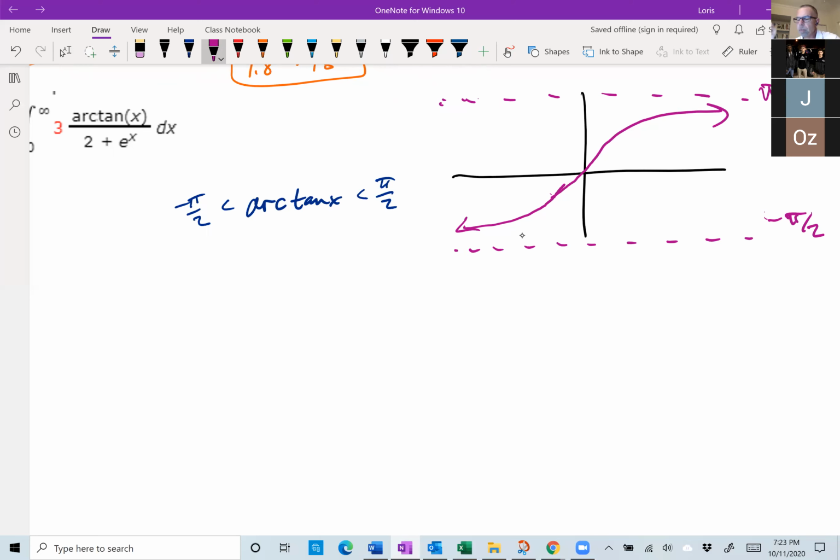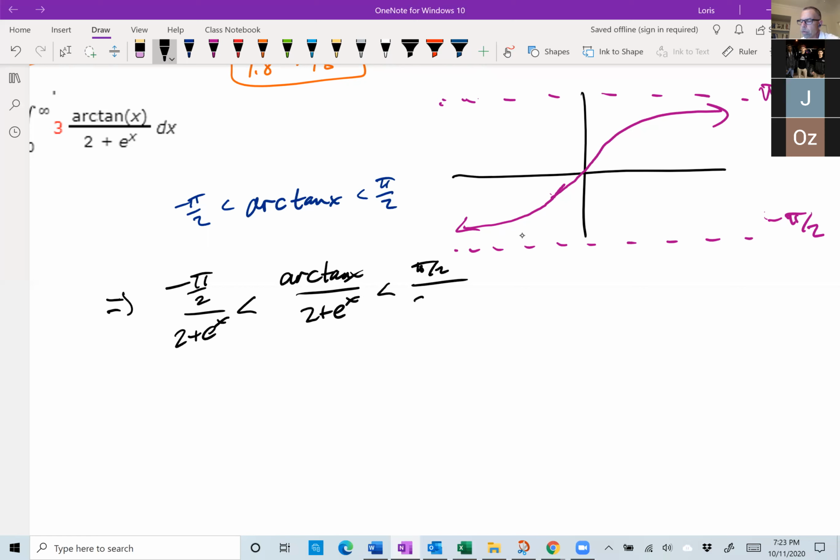So this implies that if I divide every one of these sides by 2 plus e to the x, I get negative pi over 2 over 2 plus e to the x is less than arctangent over 2 plus e to the x, which is less than pi over 2 over 2 plus e to the x.